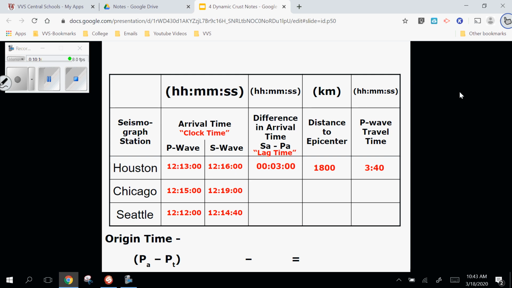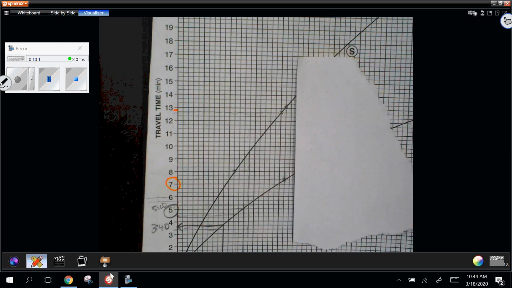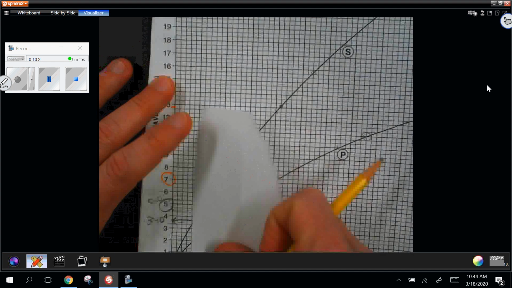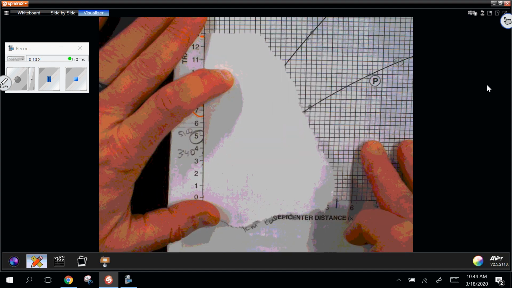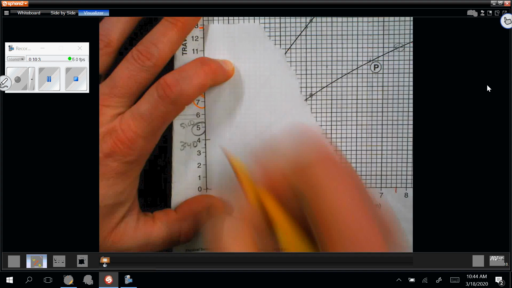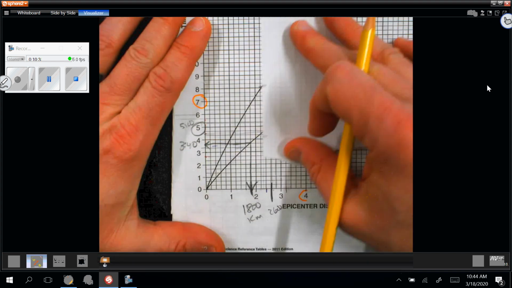So now we're going to do the same thing with Chicago. I'm going to show you how to do Chicago real quick. 12:15 to 12:19 gives us 4 minutes. So we're going to put a piece of paper on here, mark 0, mark 4 minutes, and then slide it up until it touches both lines.